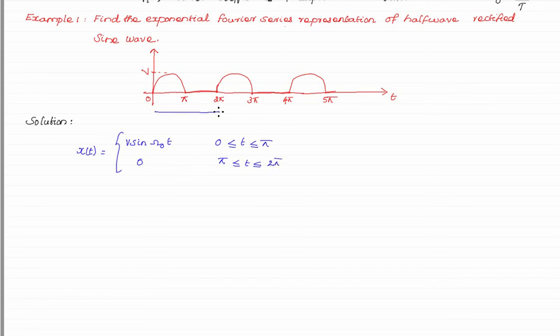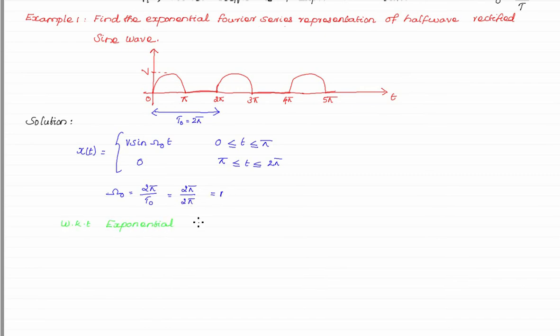Here the signal is periodic with the period T naught which is equal to 2 pi. We know that the angular frequency omega naught is equal to 2 pi by T, which is equal to 2 pi by 2 pi because here T is equal to 2 pi. So the angular frequency is equal to 1.